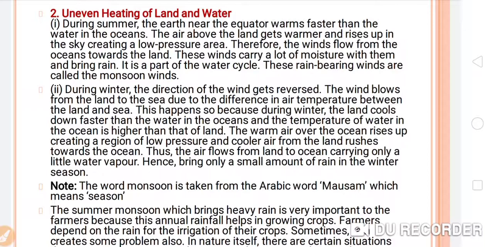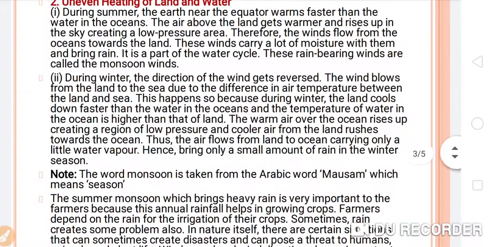Now next, during the winter, the direction of the winds gets reversed. The wind blows from the land to the sea due to the difference in air temperature between the land and the sea. This happens because during the winter the land cools down faster than the water in the oceans, and the temperature of the water in the ocean is higher than that of the land.